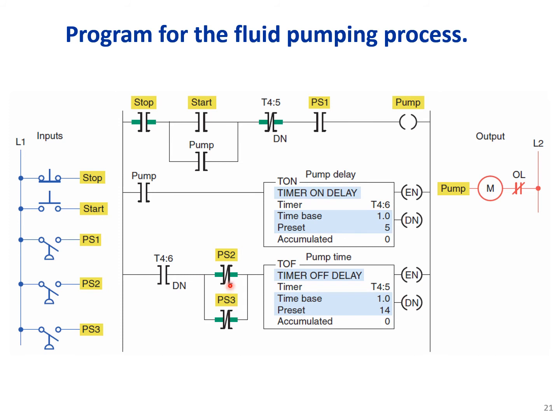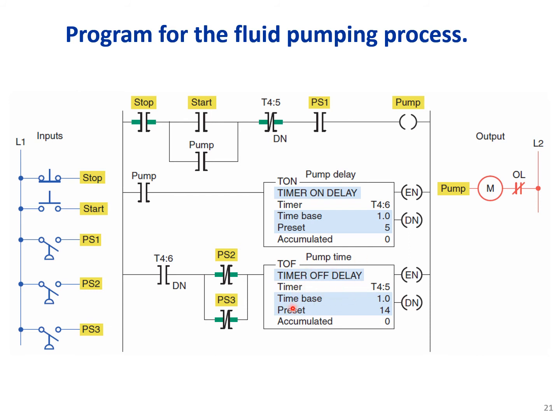If they are on, since we are using negated contacts here, this timer won't start. If these pressure sensors for any reason are false, it means that pressure in those pipes hasn't reached the desired value, then these contacts will be true and this timer will start timing. And look, we are using an off delay timer here.